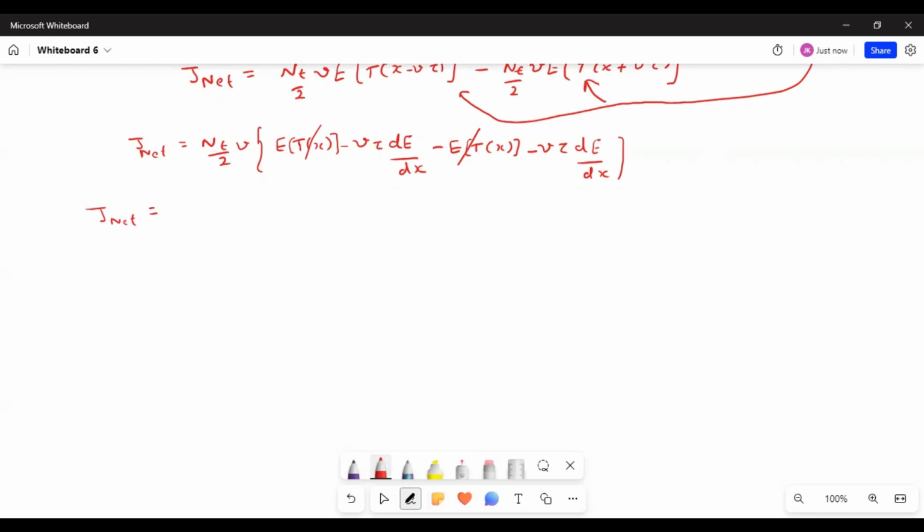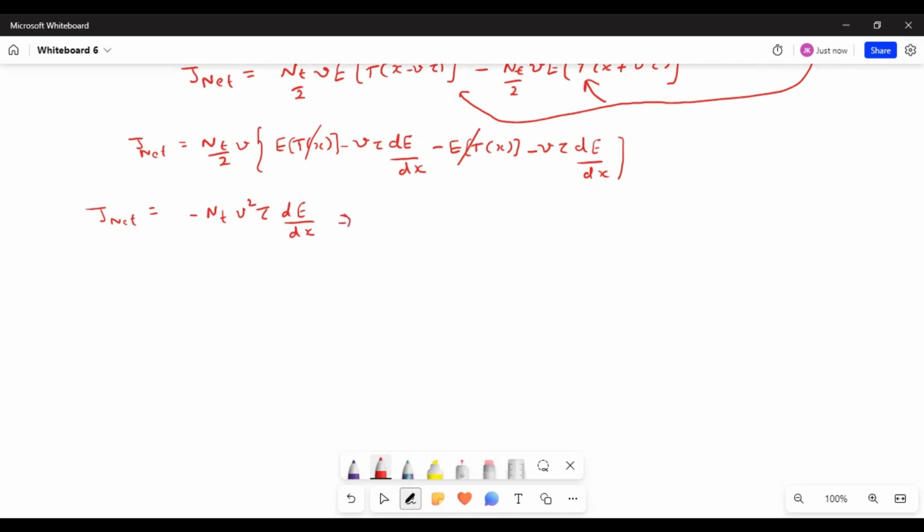It will become minus n tau V so dE by dx, right?